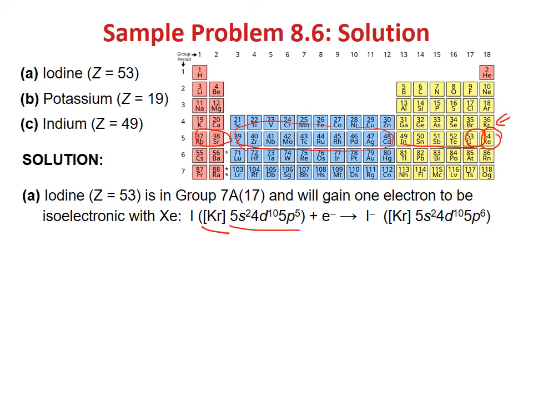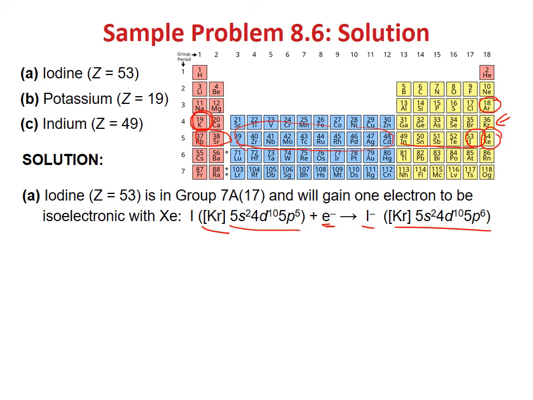Okay, so that's the electron configuration. By gaining one electron, it gives you iodide with the same electron configuration as xenon. Okay, next one, potassium, 19. So potassium has one electron more than argon, so it should lose one electron to be isoelectronic with argon.